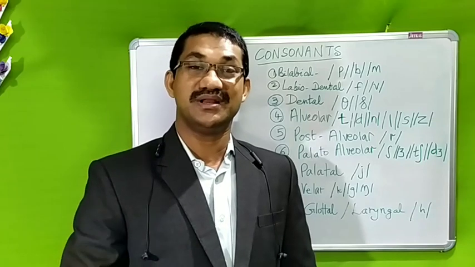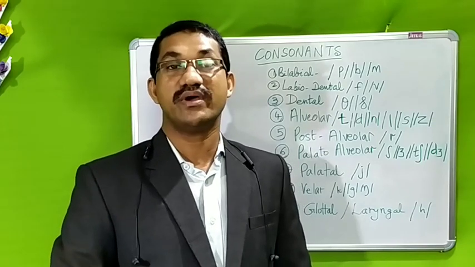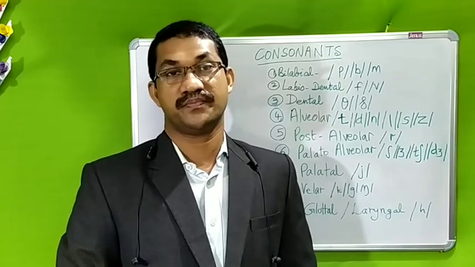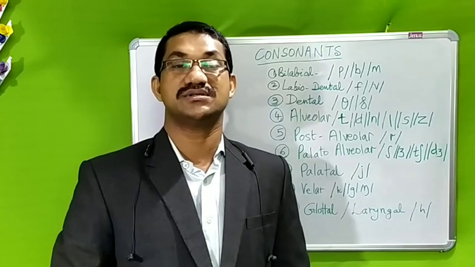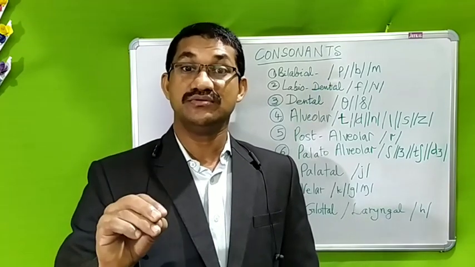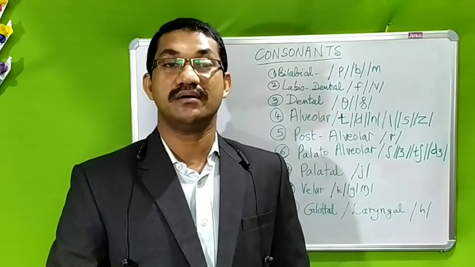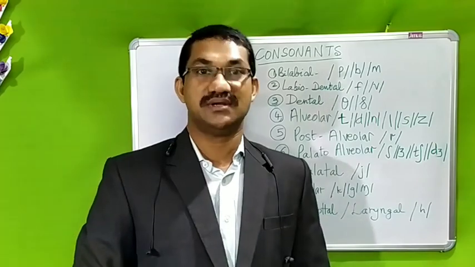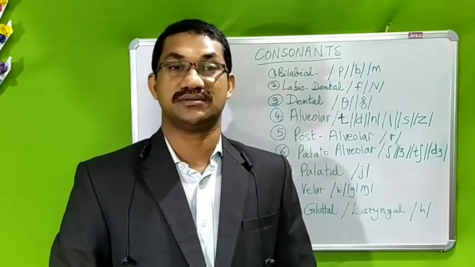Similarly, there are a number of divisions within the consonants. All this division of the consonant sounds of English is based on two factors. Number one, the place of articulation. Number two, the manner of articulation.